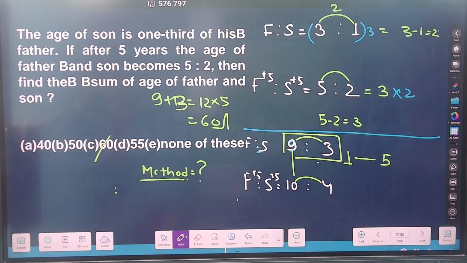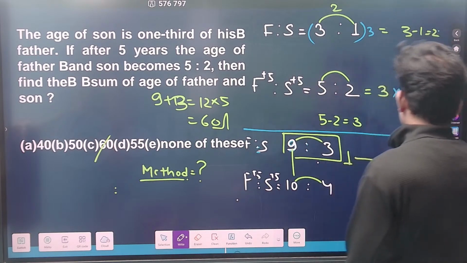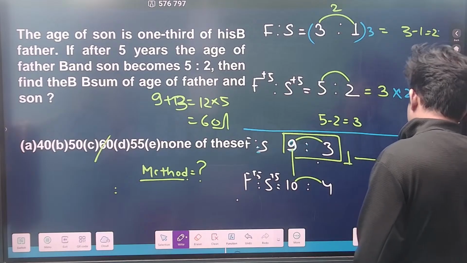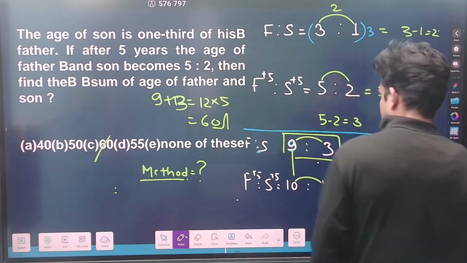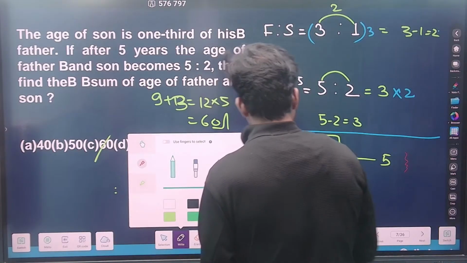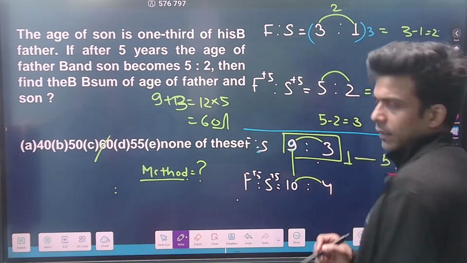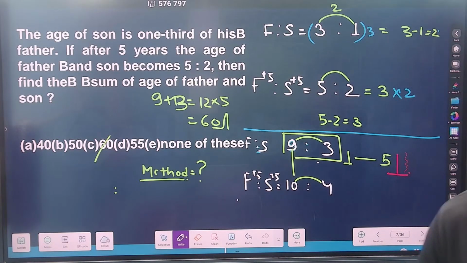Now this is the ultimate method, I would say. Understood everyone? This is the ultimate method, I would say.